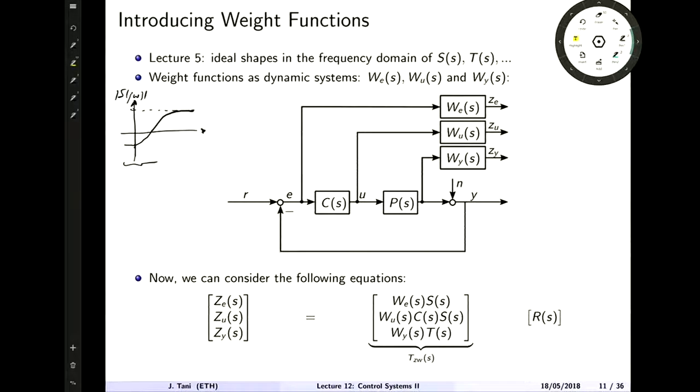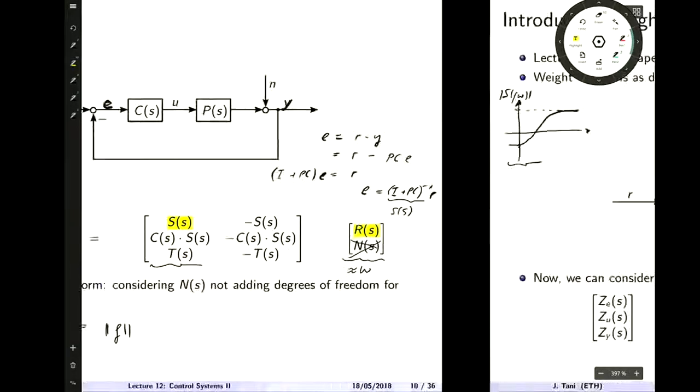And this is why we have to introduce these weight functions. And I call them WE, WU, and WY. So we introduce these weight functions, and these are also dynamic systems. So actually, let me try to change the color. I'm adding steps. So I could, for instance, say, well, okay, I have, where's the sensitivity? It's multiplied on E, right?